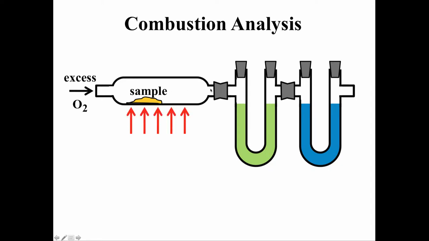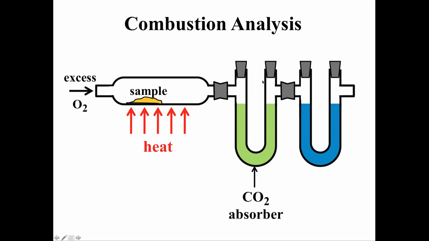We heat it so it will burn, and then the products of the combustion are pushed out the end of this glass cylinder and through a U-tube, connected to another U-tube, and then waste goes out the end. And we heat it to make sure that the combustion occurs and everything reacts.